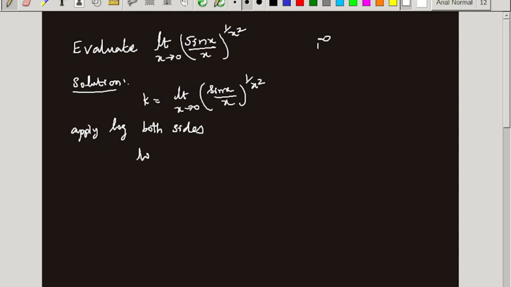So here log k equal to limit x tends to 0. So this is the form of log m power n. We can write it as n log m.